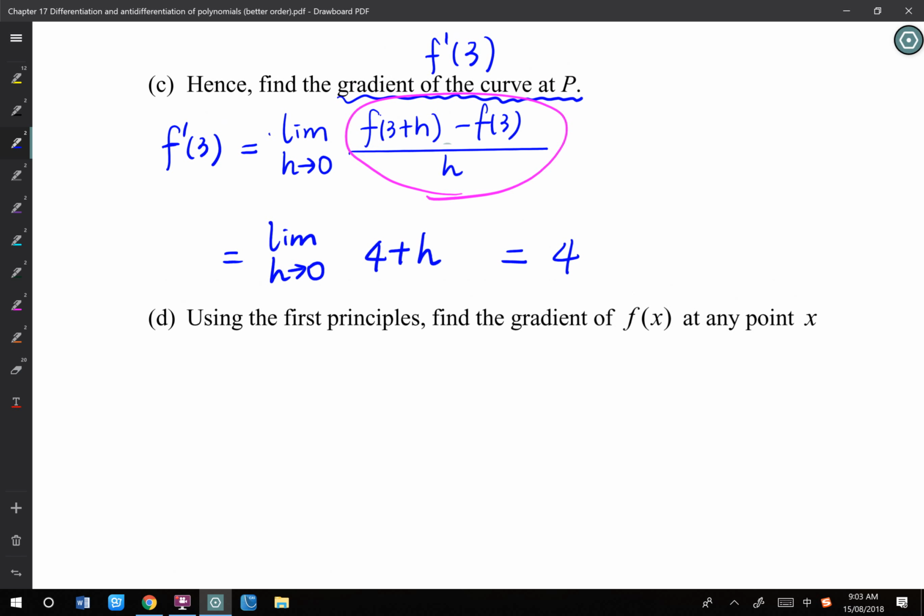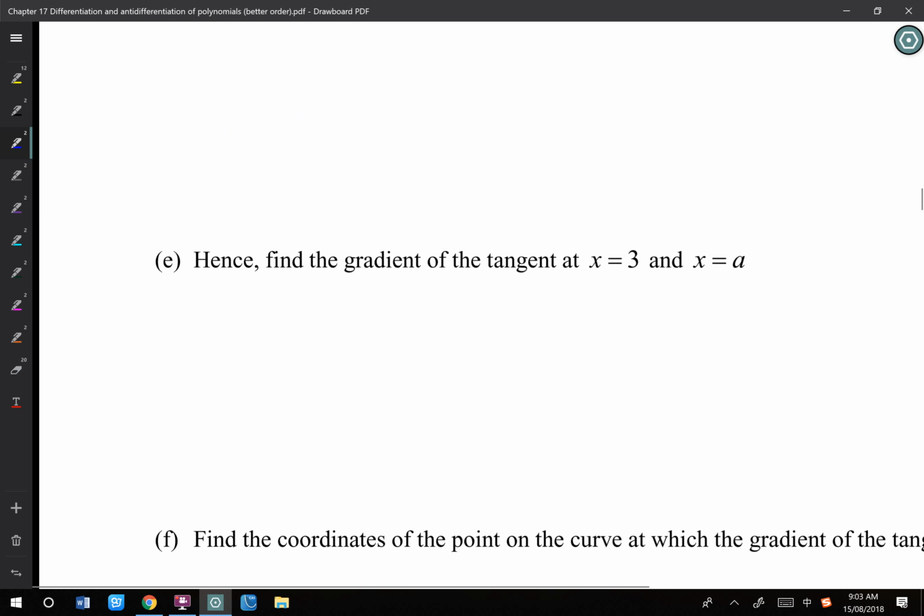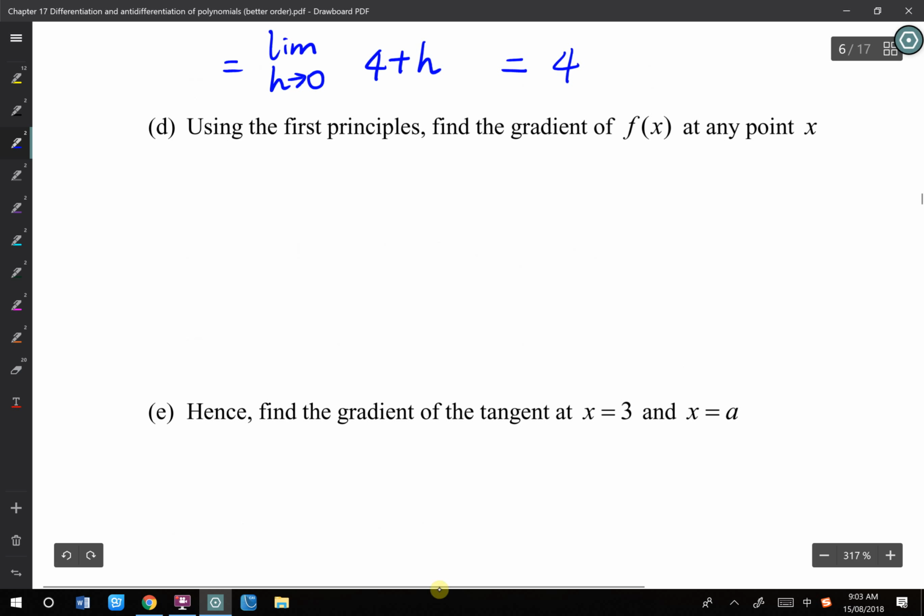This is the formula used to work out a specific point, just like any point. Now the next question is to use first principles to find the gradient at any point x. When you see first principles, those two words, the first thing you write is the formula.